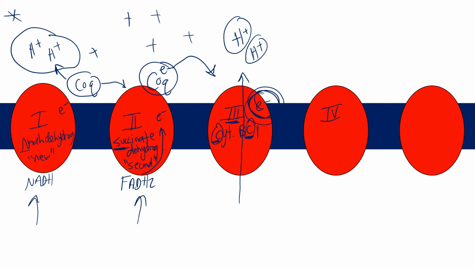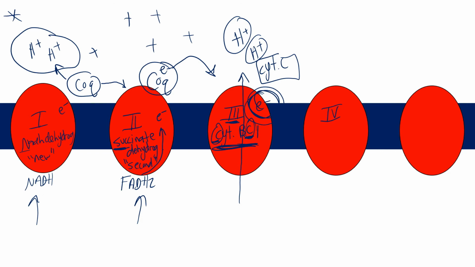It has basically carried the charge, the electrons from 1, 2, and now when it reaches 3, it's going to pass its electrons of all of that it's carrying. It's going to pass it to a new transporter, and the transporter is called cytochrome C. That should make sense. Look at the name of complex 3. It's cytochrome BC1.